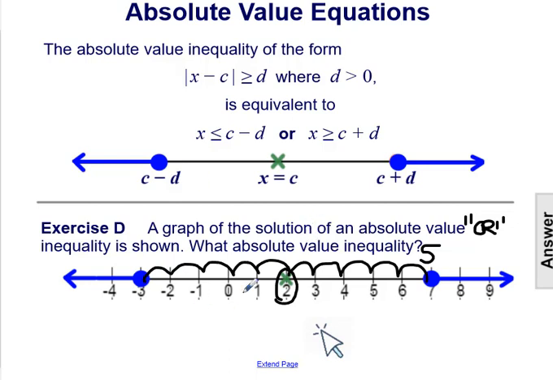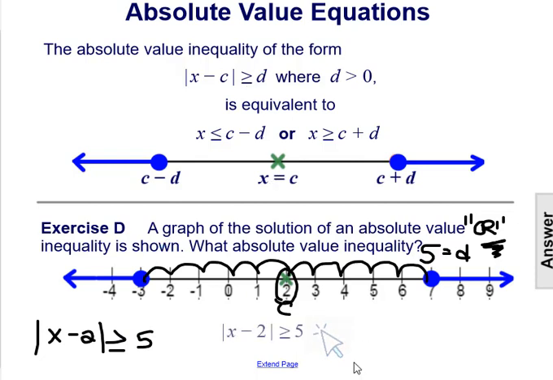So if this is c, and now we have d is 5, we know that it's the absolute value of x minus 2, and we're comparing to 5, and the fact that it's an OR inequality means we have to have greater than as our inequality. And it's circled, we're including the endpoints. It's a closed circle at our endpoints, so it's equal to. So we have our absolute value inequality of x minus 2 is greater than or equal to 5.